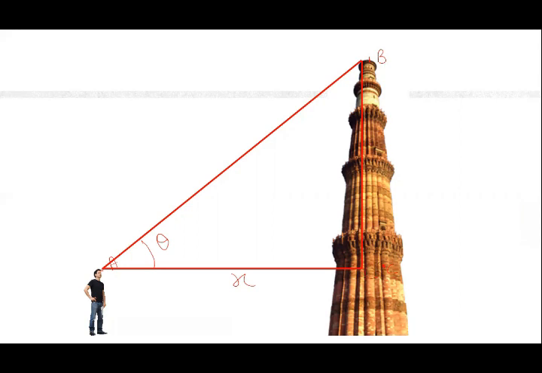And if I add this height CE to this height BC, he will be able to get the total height of the Qutub Minar, because CE is nothing but the height of the man. So we can see that trigonometry helps us in calculating the distance or the height without actually measuring them.